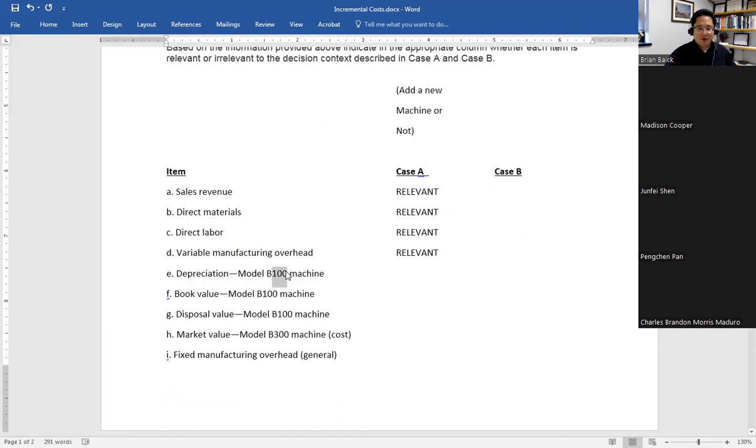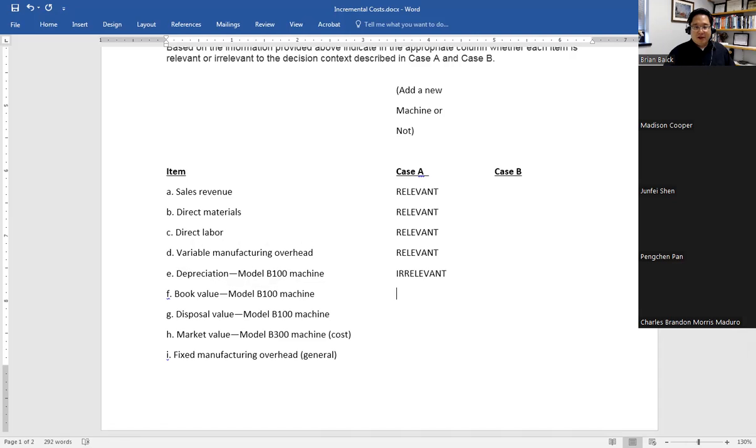The B100 is the old machine. Is that going to factor into whether I add a machine or not? I don't think so. If I don't add a machine, I have to pay for depreciation on the old machine. If I add a new machine, it says you're going to keep the old machine anyway, so you still have to pay the depreciation on the old machine. This is something that's irrelevant. It says in the problem, we're going to keep both machines.